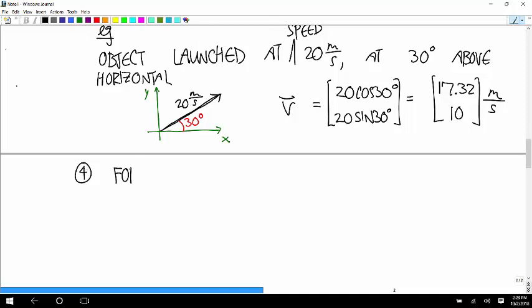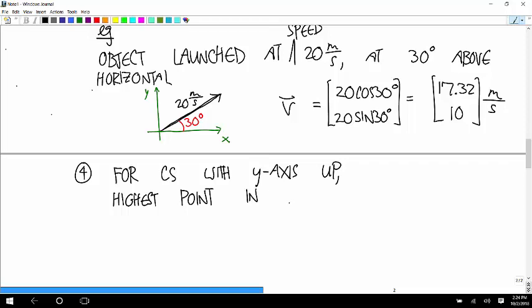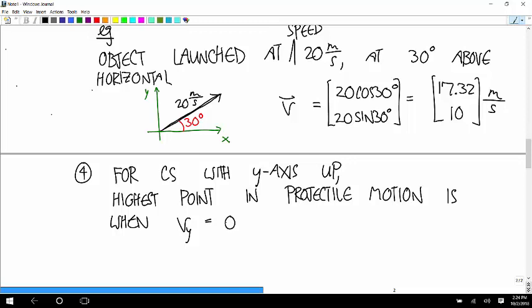So I'm going to say for a coordinate system with the y-axis up, the highest point in a projectile motion is when the y component of the velocity is equal to 0. The x component won't be equal to 0.